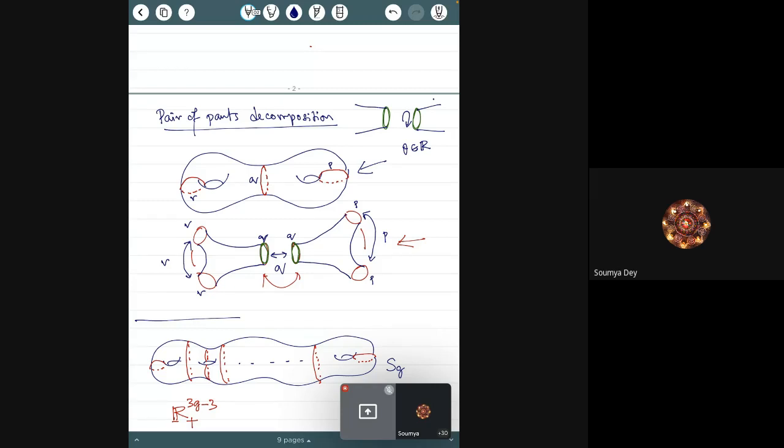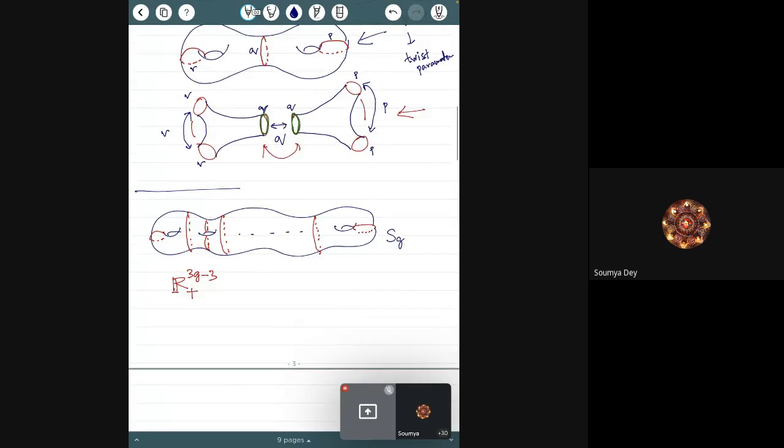Okay. So for each of these red curves here, namely 3g minus 3, you have R many choices. And these are called twist parameters. This theta is a twist parameter. And the previous one, the lengths of all these curves, P, Q, R, these are called length parameters.